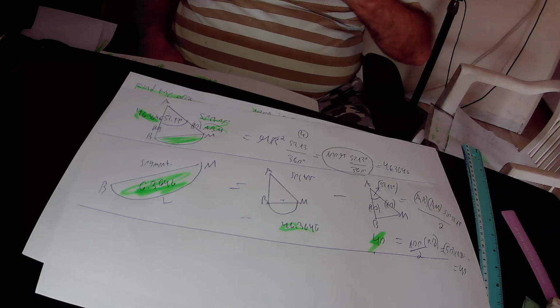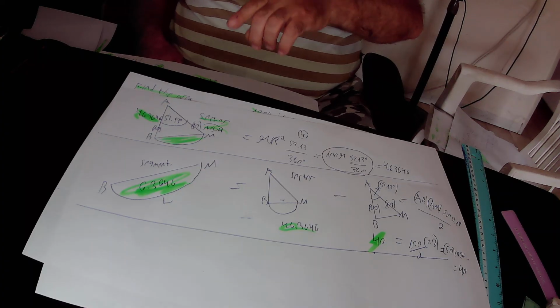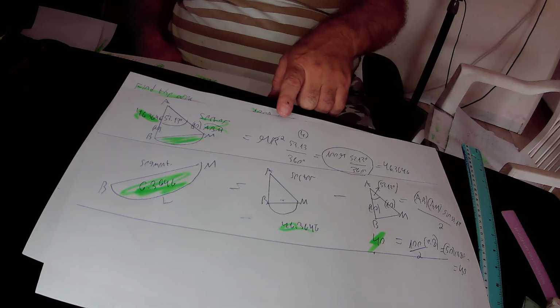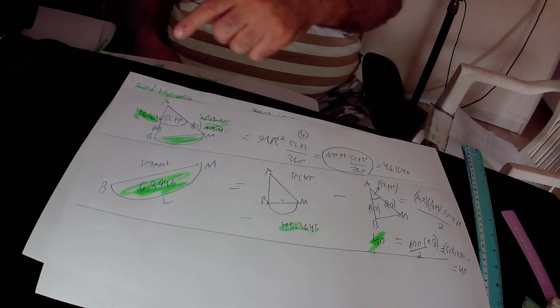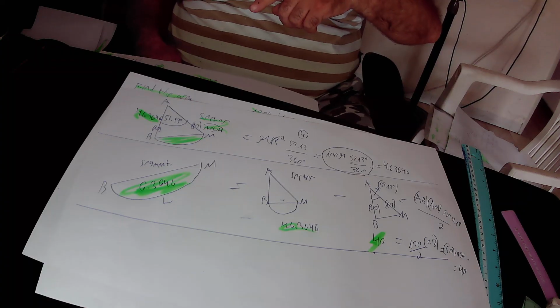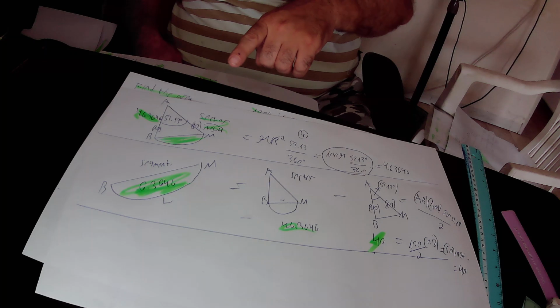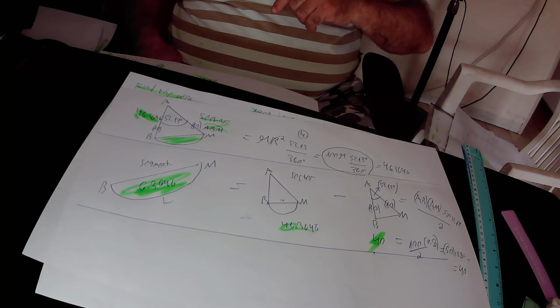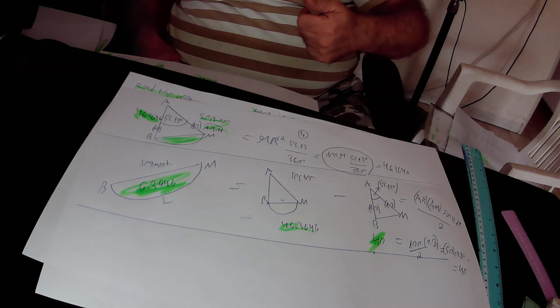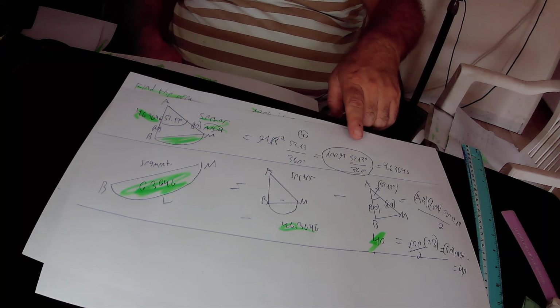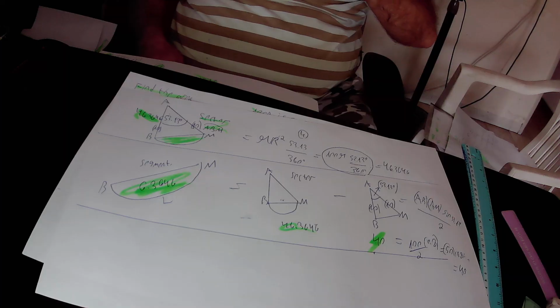So according to the formula, the area of this sector AB will be equal to pi r squared, times theta, that is 53.13 degrees, over 360 degrees. R is 10, therefore r squared is 100, so pi r squared is 100 pi, times 53.13 over 360 degrees.